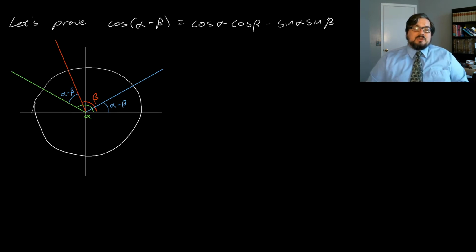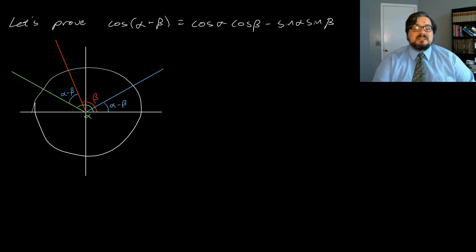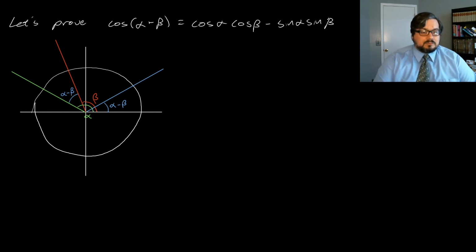Now what I want to do is look at the points on the unit circle that define the sine and the cosine for each of these angles. So I want to look at this point right here, and this point here, and this one here.